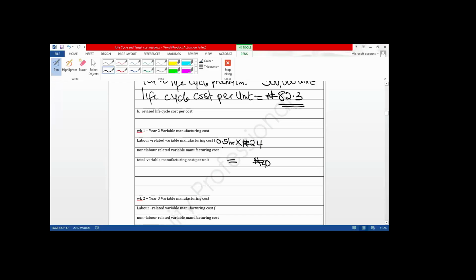That means if it's taking me 0.5 hours and 24 naira per hour, 0.5 multiplied by 24 will give me 12. Out of 40 naira, 12 is labor-related variable manufacturing cost. Non-labor related is 28 naira.